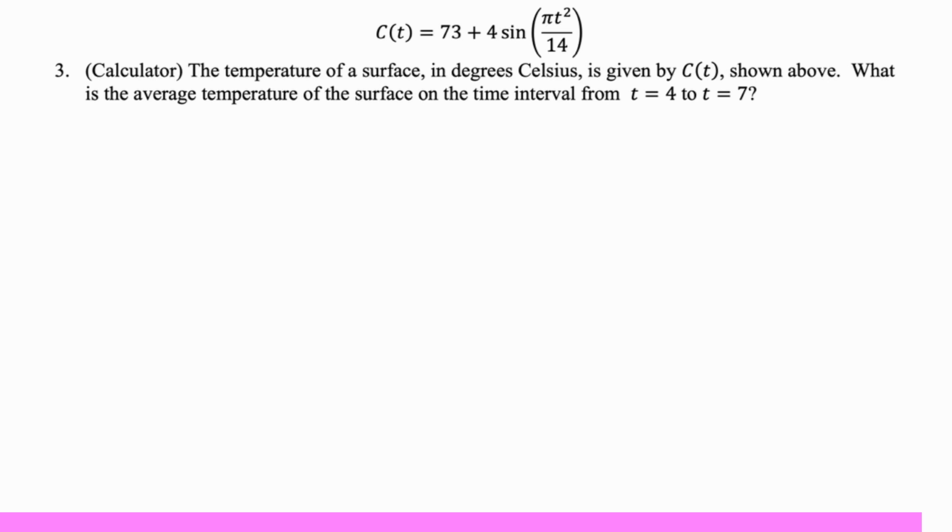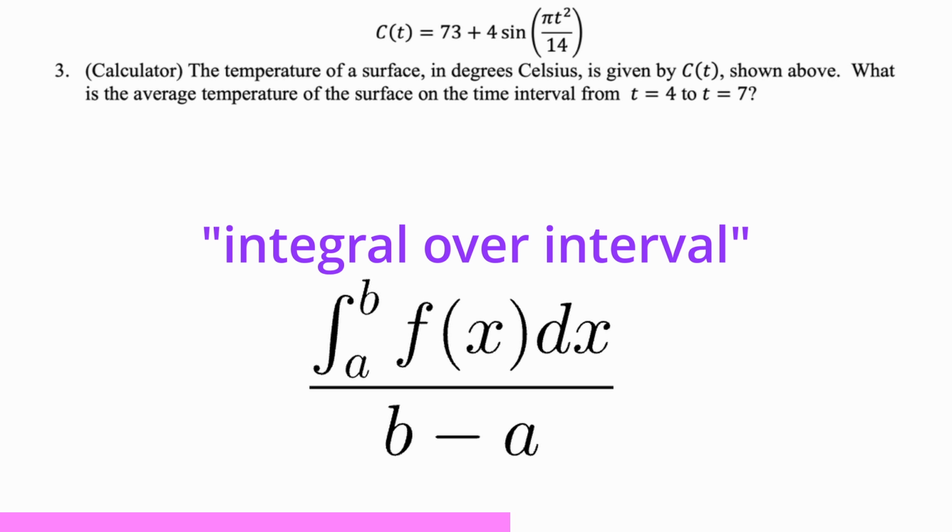This one's calculator because the calculations are super annoying. The temperature of a surface in degrees Celsius is given by C of t, which is shown above. What is the average temperature of the surface on the time interval from 4 to 7? Throwing this in here because I don't ever want you to get these wrong. We're looking for the average temperature. We have the temperature. That's going to be the integral divided by the interval, and that's all there is to it.